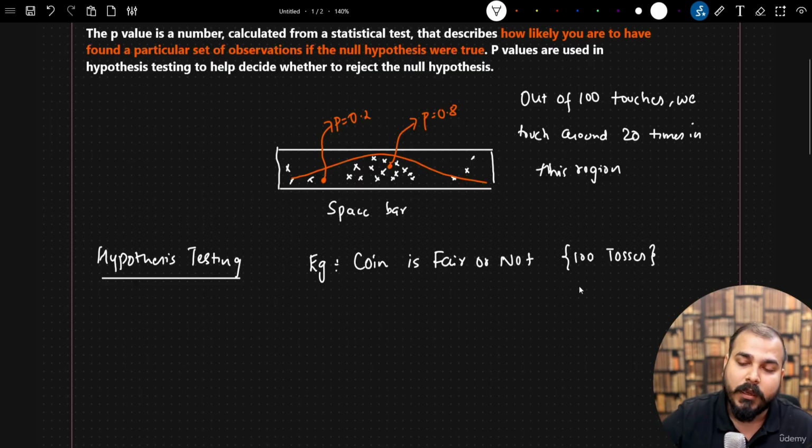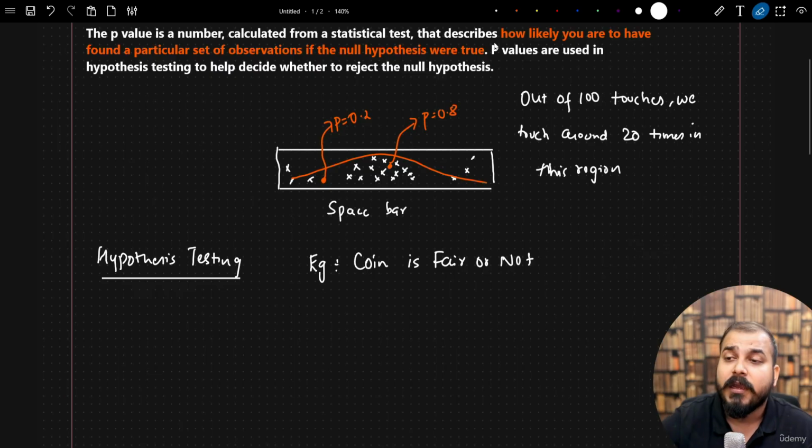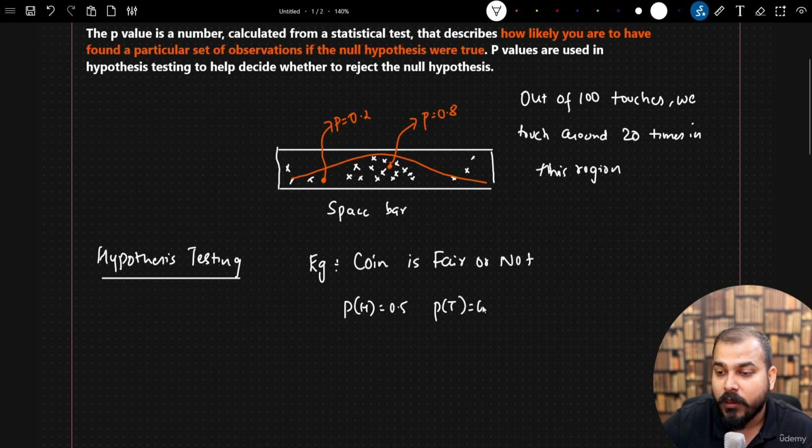Now, forget about 100 tosses right now. Let's consider that the probability of head is 0.5 and probability of tail is 0.5. In this scenario, we know that if we toss 100 times, based on the Bernoulli distribution, 50% of the time heads will come, 50% of the time tails will come.